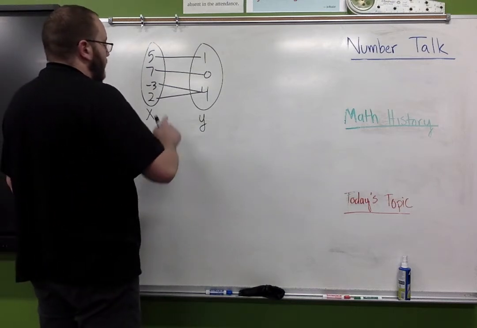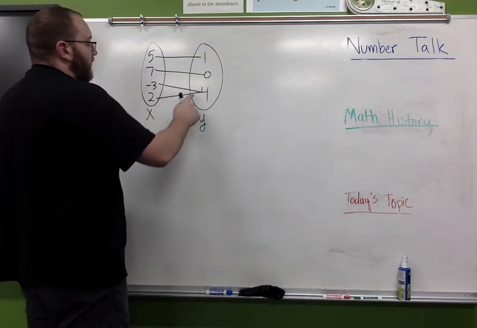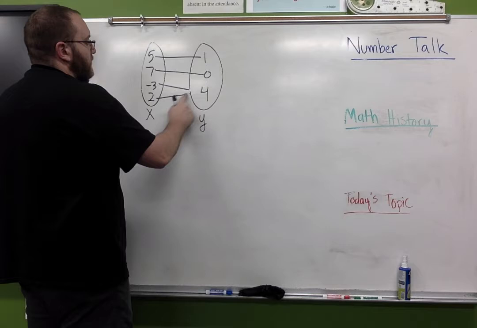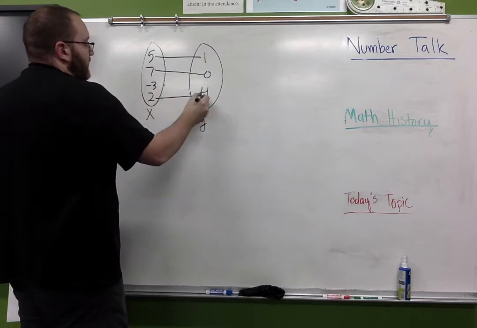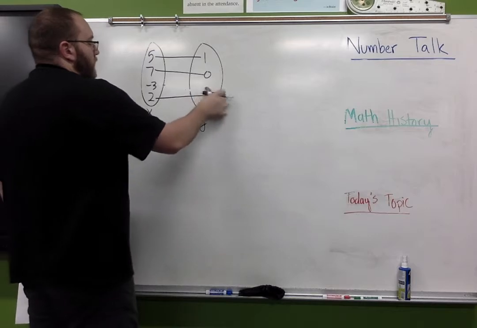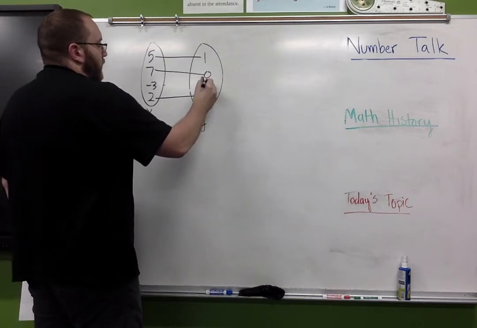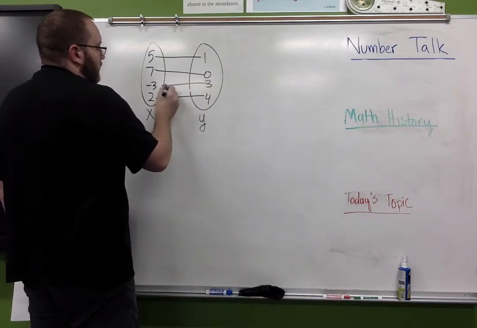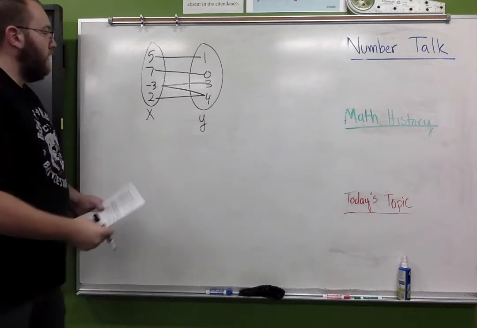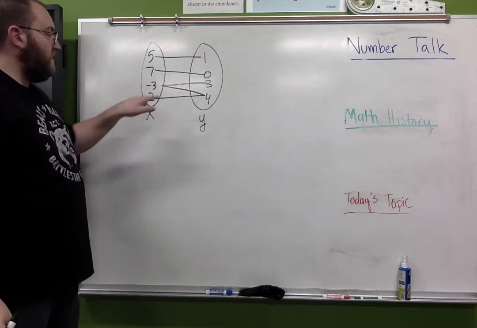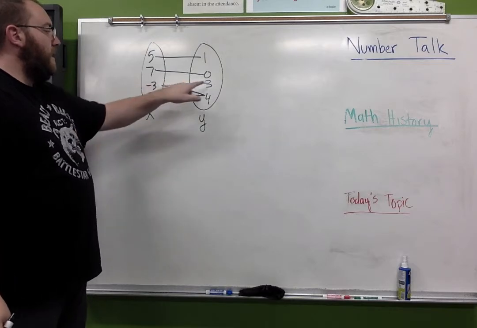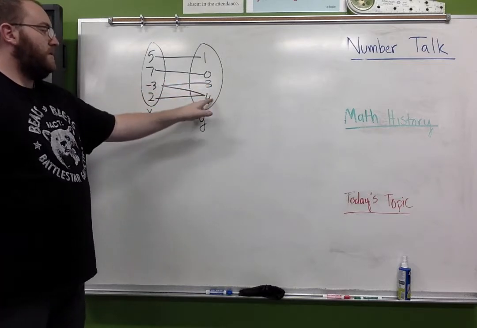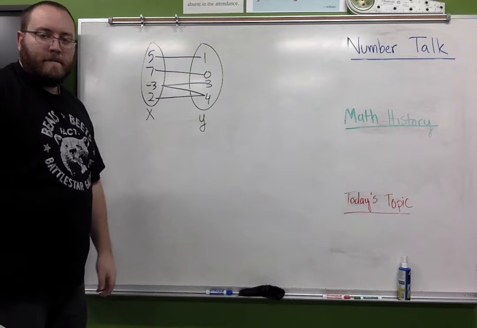For example, if I did, let me erase these lines. I did this, put a 4 there, and I put a 3 there, and I did this. Okay, every x value does not have only one y value. See, x of negative 3 has two y values. It comes out as 3 and 4.